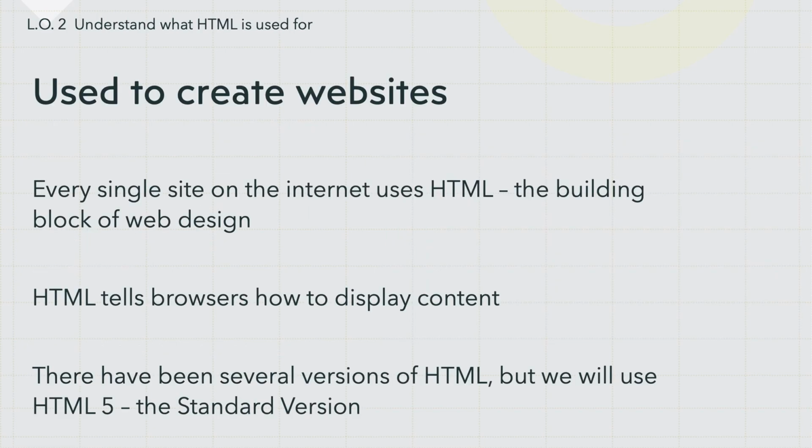And now to tackle learning objective number 2, understanding what HTML is used for. So HTML is the standard markup language used to create all web pages. Every single website you have ever landed on uses HTML code for its design. HTML is truly the building block of internet web pages, and it is essential for web design.